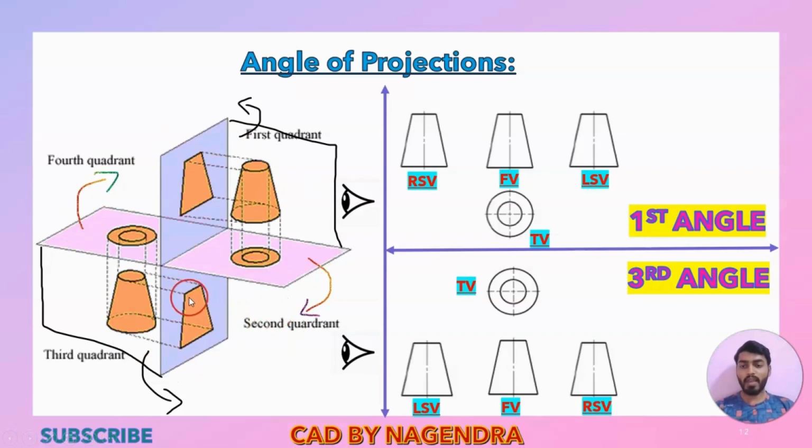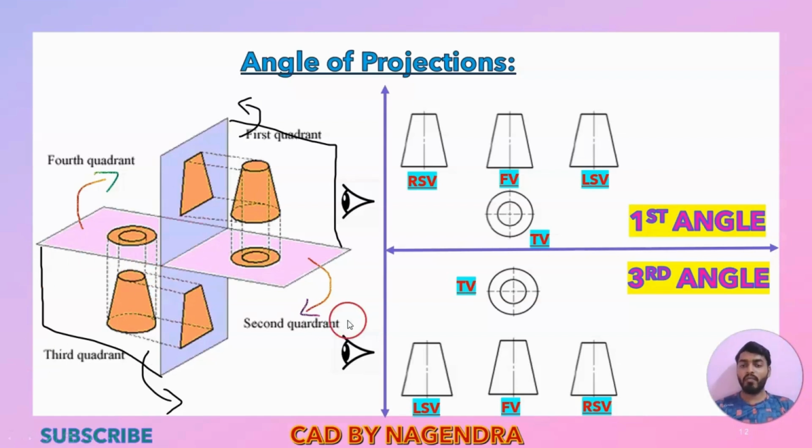See, already we are having the front view downside. The same plane is there here, and this plane is there here. The same horizontal plane, if I tilt 90 degrees like this, will overlap. As you can see, if I make it clockwise, these two views will overlap each other.